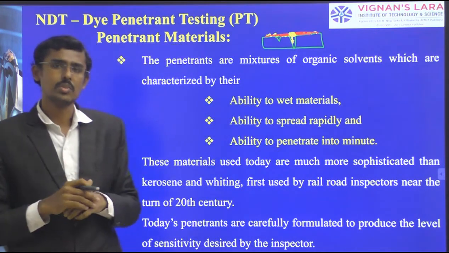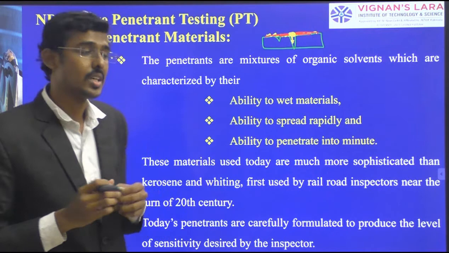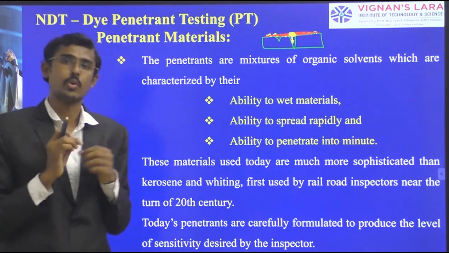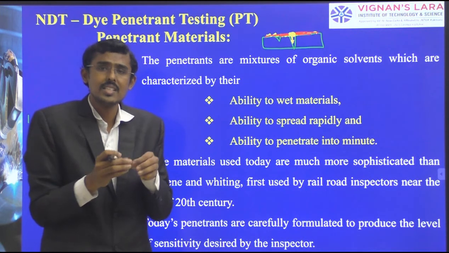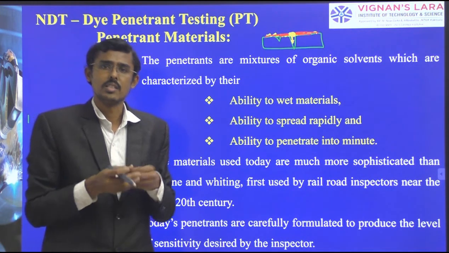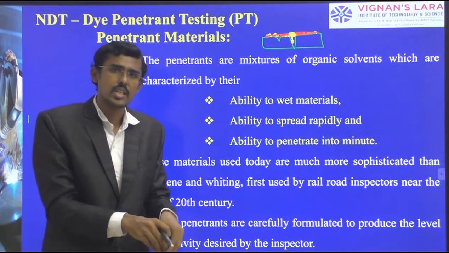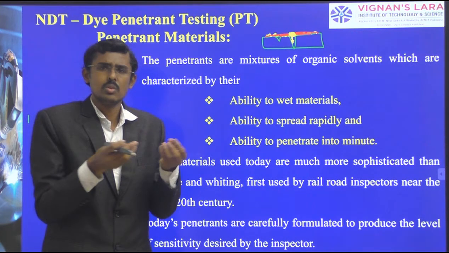So we want to know something about this penetrant. The penetrant has properties that make the process easier, such as wettability, going inside, and absorbability. So those things we have to see now.